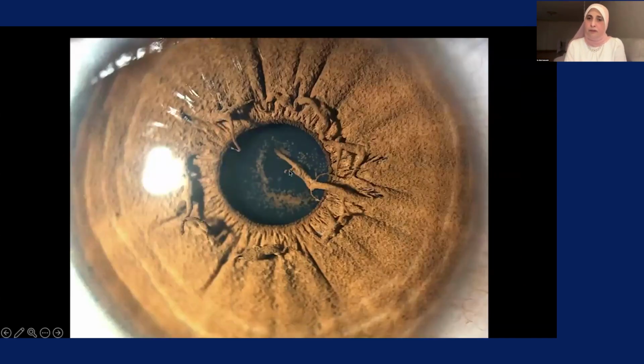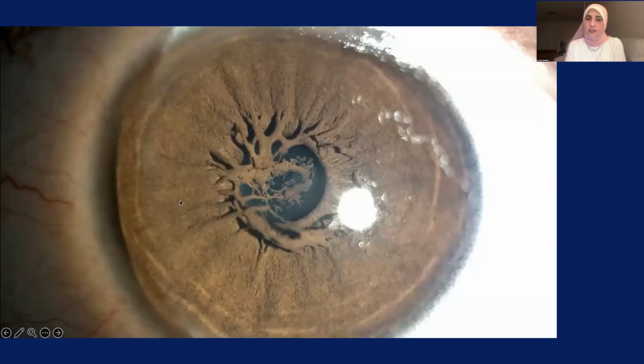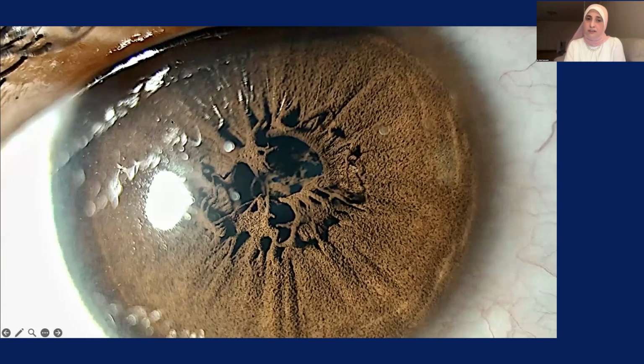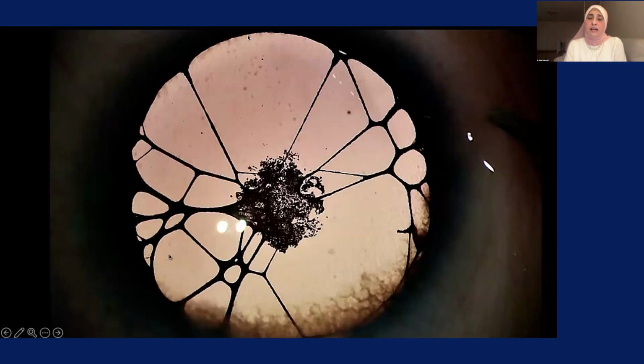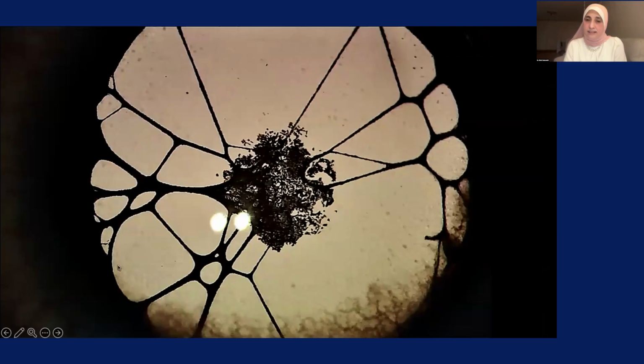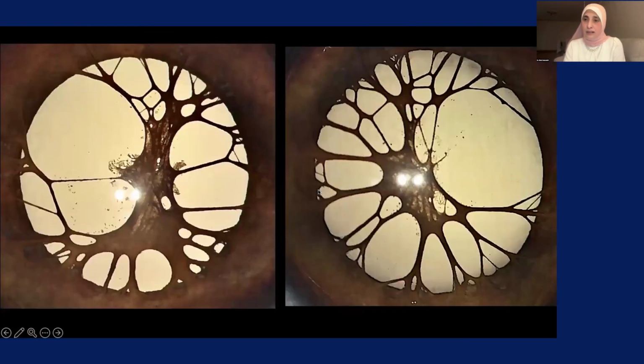The adherent membrane may be mild like that. It may be moderate and sometimes severe like this. And the pigmented area, as you see, may be densely pigmented, rounded, or irregular.